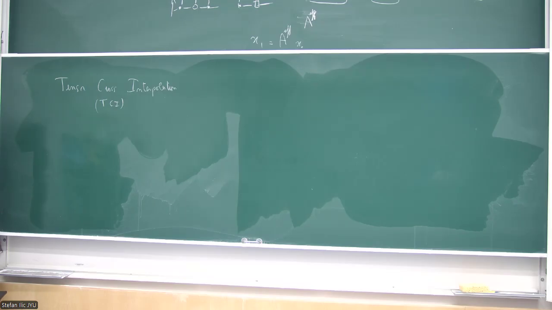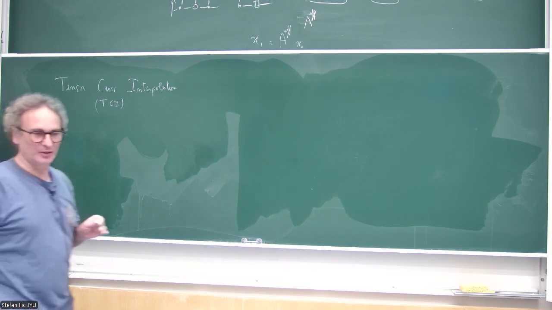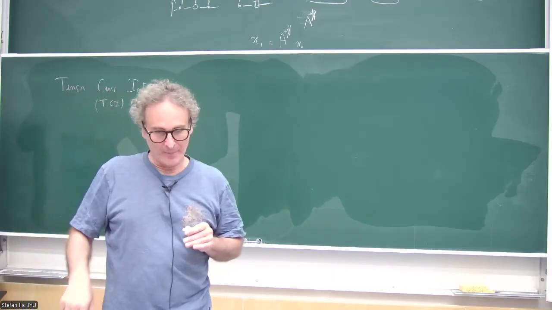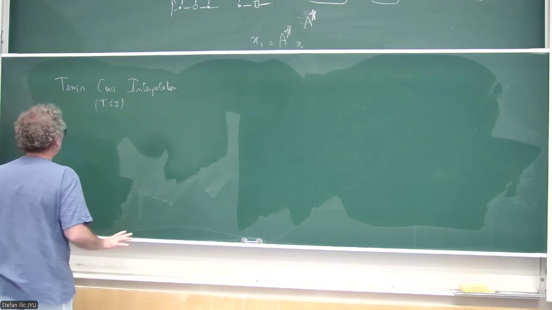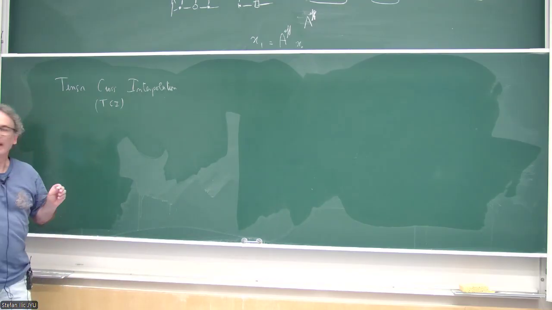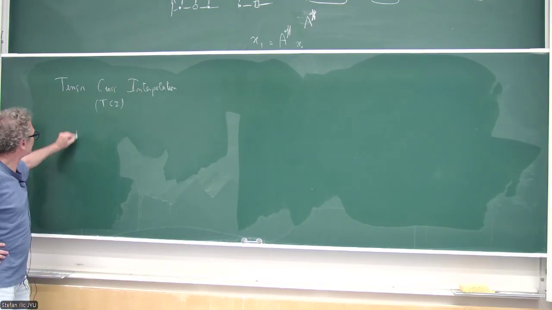And today we have to go through TCI. Don't hesitate to stop me. It's not complicated, but it looks like it the first time you see it. So just don't hesitate to stop me. So TCI, just to say what it does, you give it a tensor.